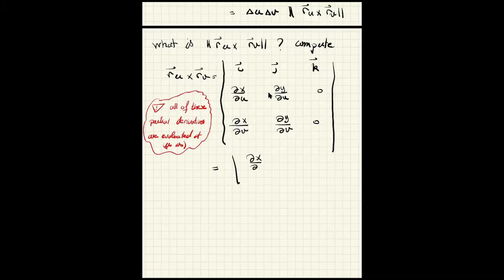Del X, del U, del Y, del U, del X, del V, del Y, del V. Right? Which is the determinant of this matrix, which is the same thing as the determinant of this matrix here.